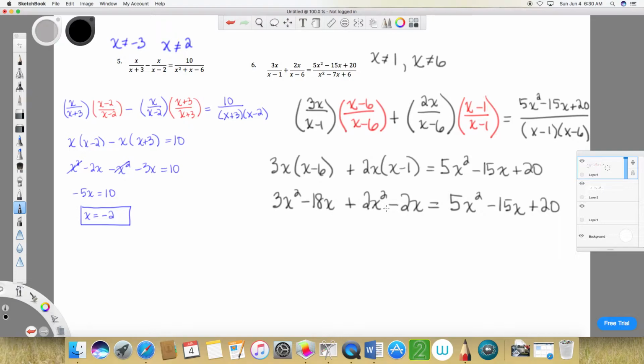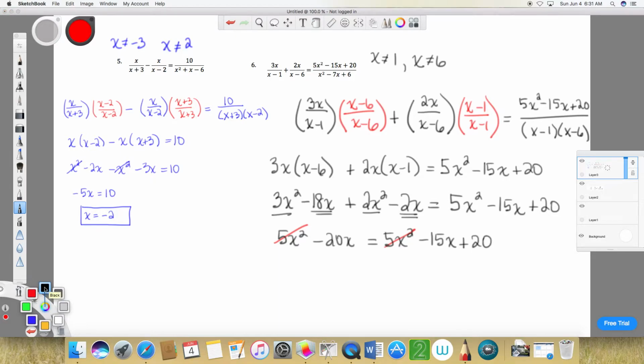On the left-hand side, what do we have? The 3x squared and 2x squared give us 5x squared. And the linear terms here give us a minus 20x. And that equals 5x squared minus 15x plus 20. If we subtract 5x squared from each side, these terms cancel.